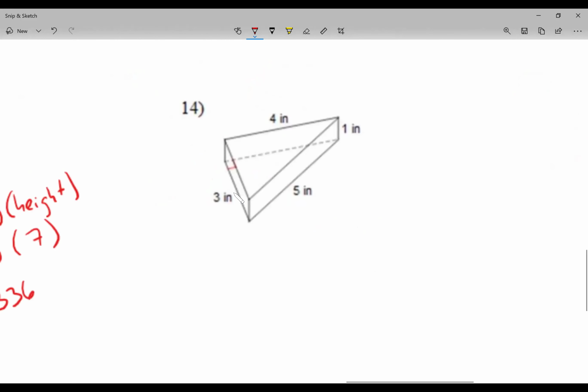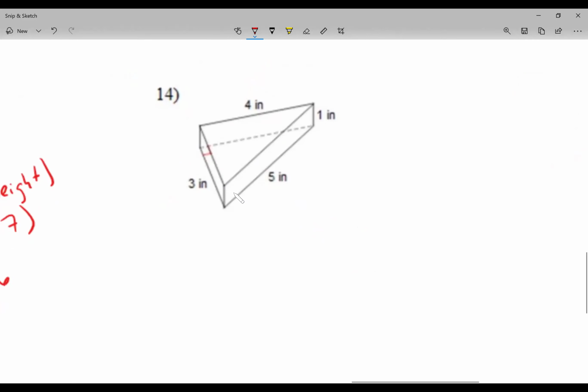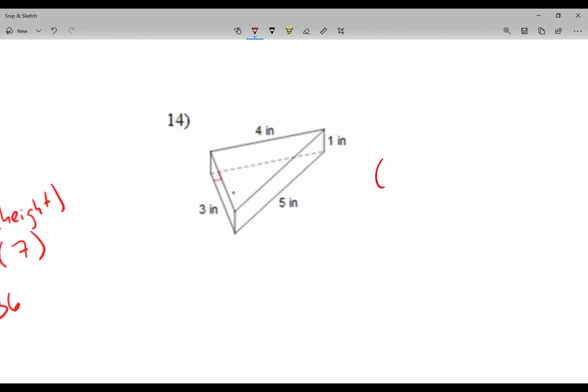Okay, lastly, let's take a look at number 14. I'm looking for the base. Remember, the base is the one shape that is not a rectangle. So I'm going to go the area of the base times the height. And I find a triangle here.